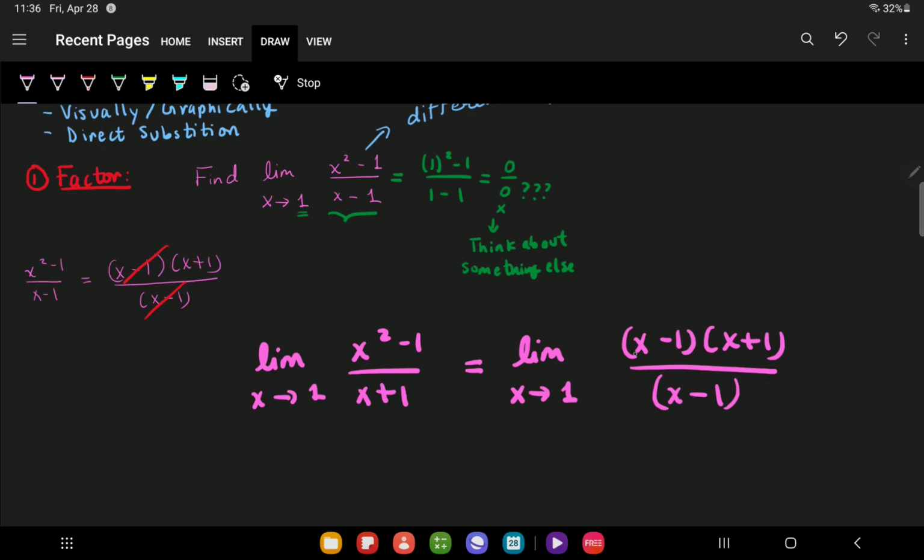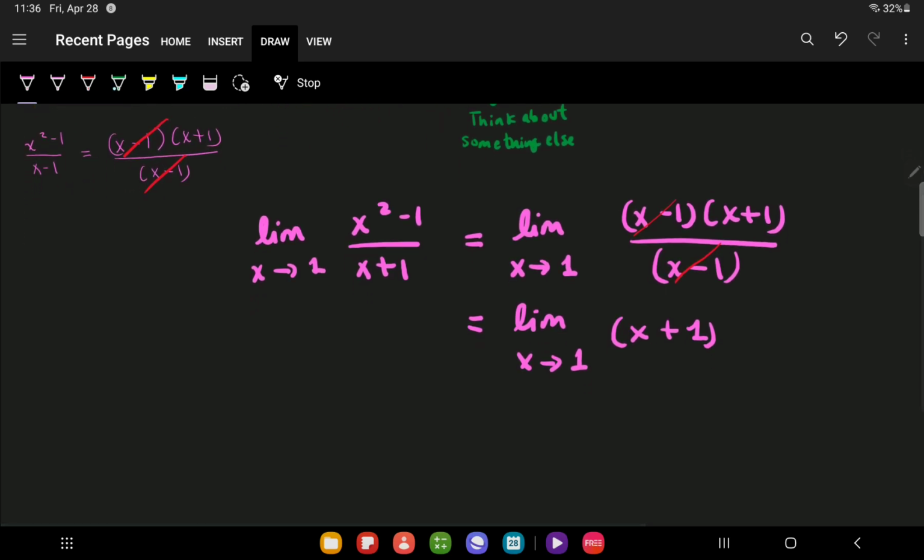We notice that the x minus 1's cancel. So we have limit as x approaches 1 of parentheses x plus 1. And now we can plug and chug 1 into the x. So we get 1 plus 1, which is equal to 2.